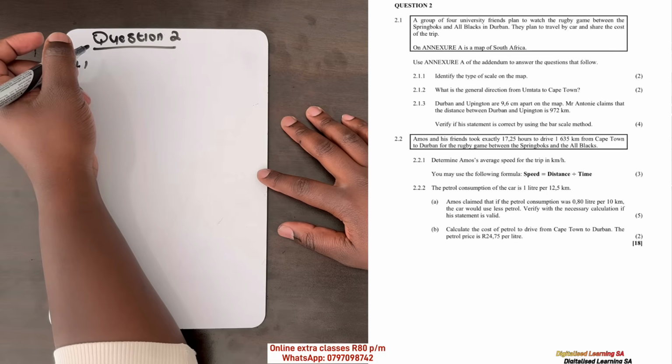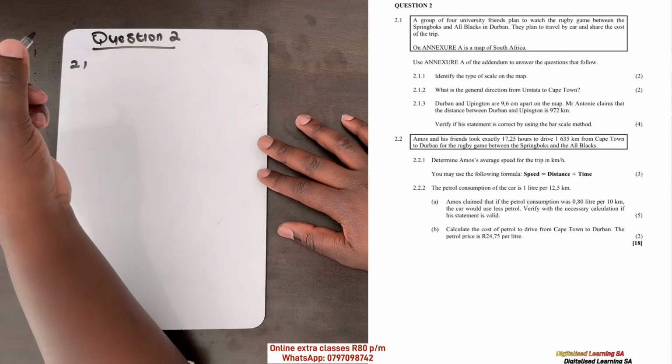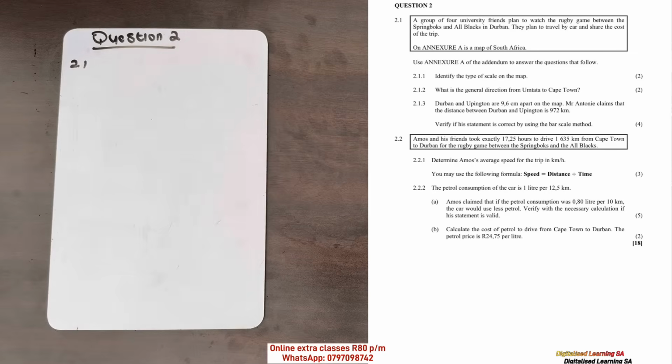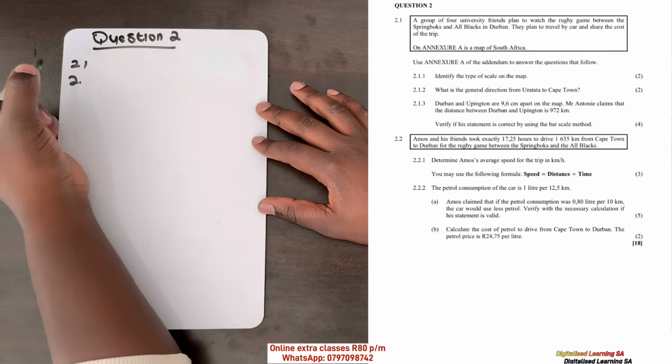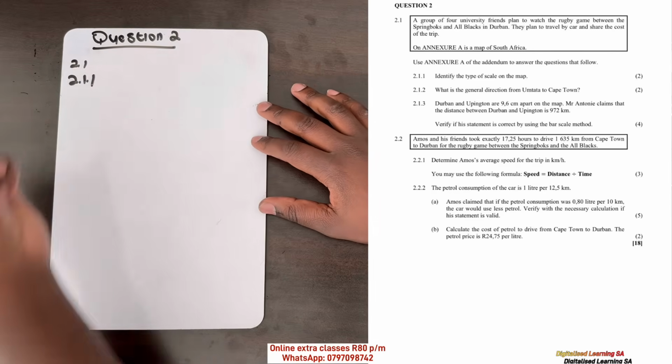They plan to travel by car and share the cost of the trip. And then we are told to use annexure A of the addendum to answer the questions that follow. So we'll start with question 2.1.1.